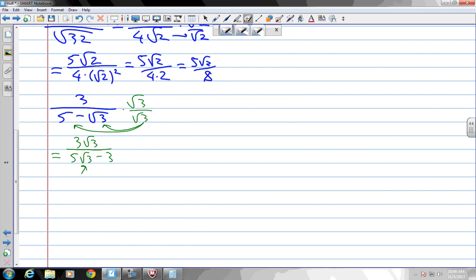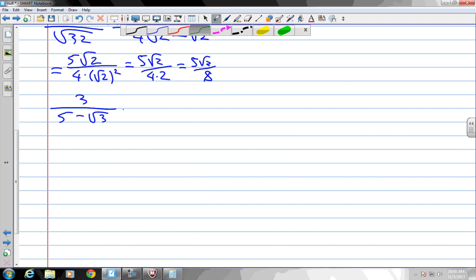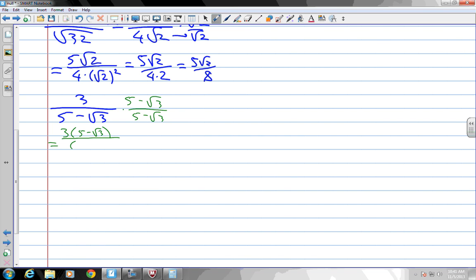Well, let's try this. If I multiply by the whole denominator, so that's 5 minus square root of 3 over 5 minus square root of 3, that becomes 3 times 5 minus square root of 3 over 5 minus square root of 3 squared. Right? Will that get rid of the radical? Because I have to use the formula.